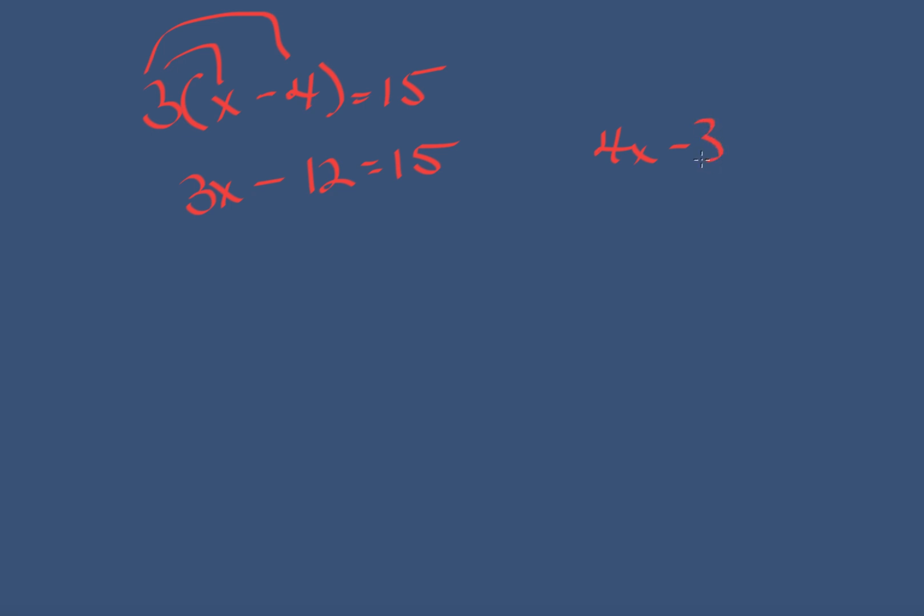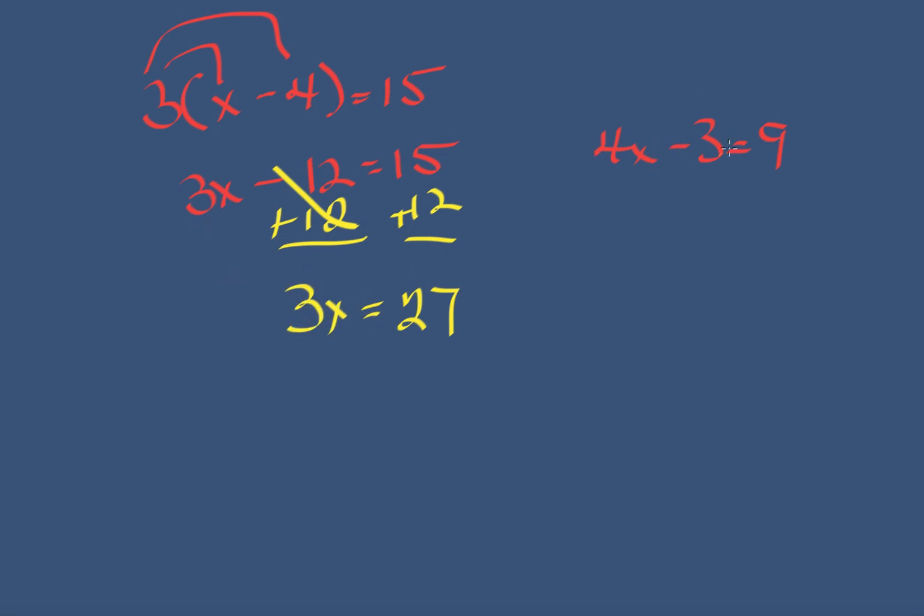4x minus 3 equals 9. If you solve them the same way, you simply add 12, you undo the addition or subtraction, so you get rid of that. That means you add 12 to this side as well, which gives you 27 equals 3x.